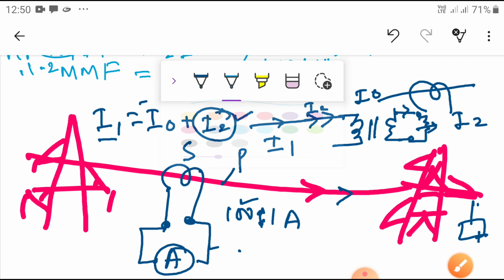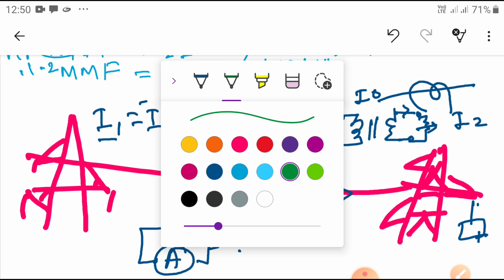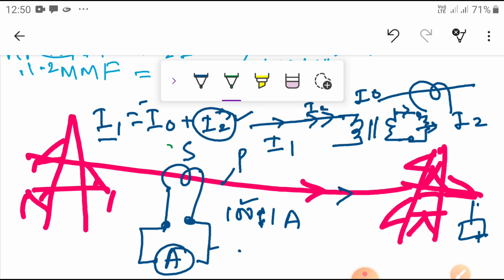So the flux produced by the primary MMF is phi 1, and the flux produced by the secondary MMF is phi 2. In normal condition they oppose each other. This flux is in this direction, this flux is in this direction, opposing each other.